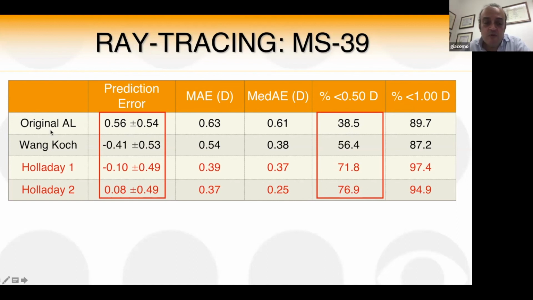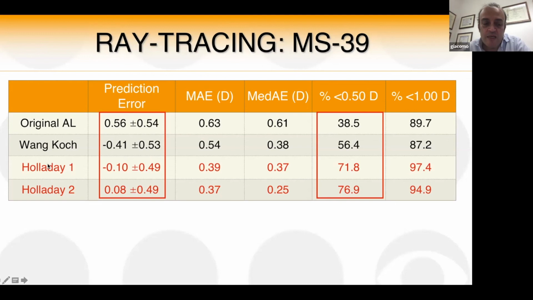If you use the Wang-Koch adjustment for axial length, you go to the opposite, a mean myopic outcome. All the remaining values increase, but still not good. I don't like to have myopic eyes. I prefer to have emmetropic.